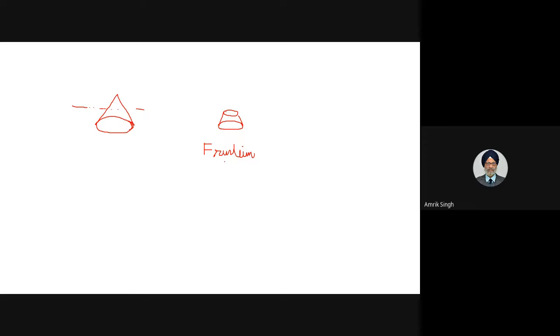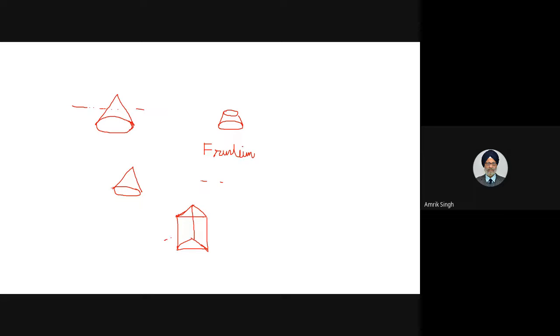Okay. Now, if I cut this cone or a solid, suppose, let me make a pyramid. So this is the base. If you join this like this.